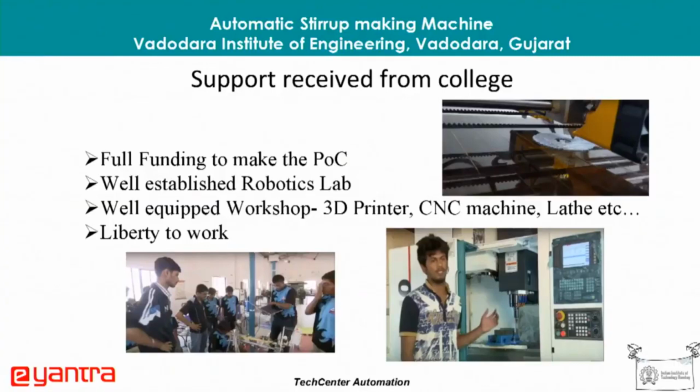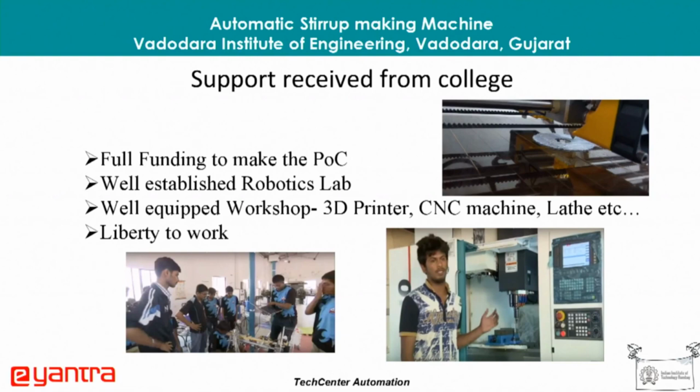Next, support received from the college. As I told, for last year's project we needed funding of 60 to 70,000, and we got the total funding from our college to make that POC. Another support we received is a well-established robotics lab.